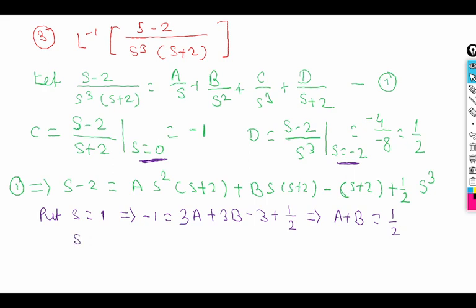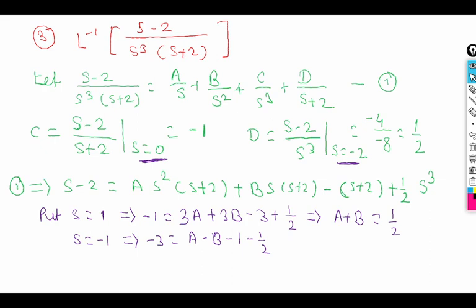Similarly, when we put s equal to minus 1, you get another equation. Minus 1 minus 2 is minus 3. Now here it is plus 1, so minus 1 square is 1. So this is a plus 1 minus b. Next, minus 1 plus 2 is a plus 1, so it is a minus 1. And the last one, minus 1 cube is minus 1, so it is minus half.